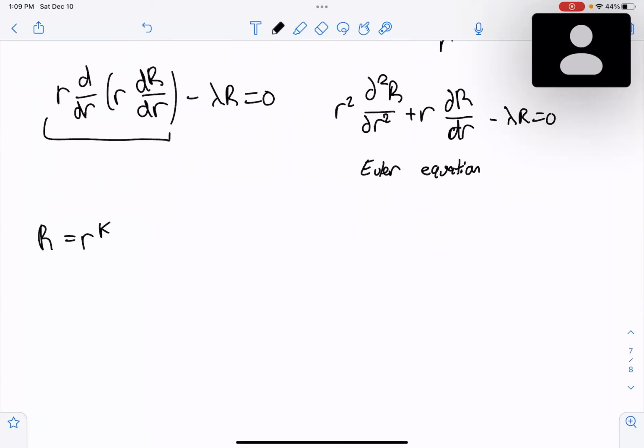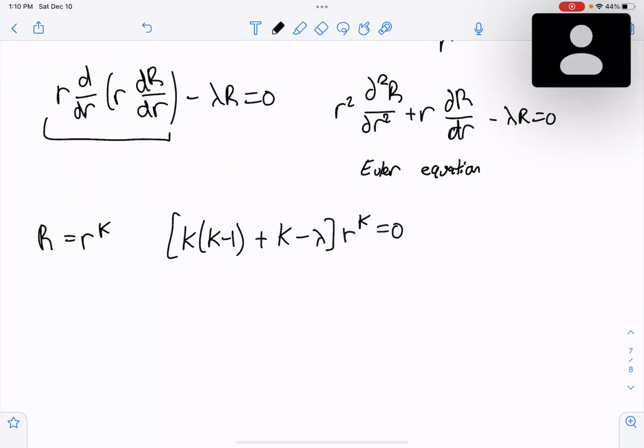Plug that into the equation essentially. And all we get is that k times k minus 1 plus k minus lambda times r to the k is equal to 0.